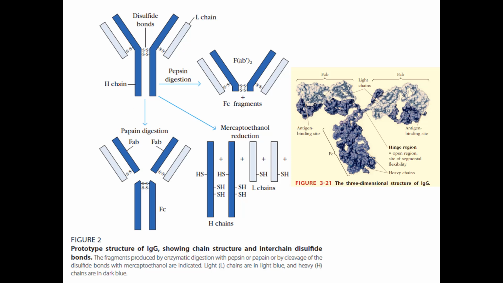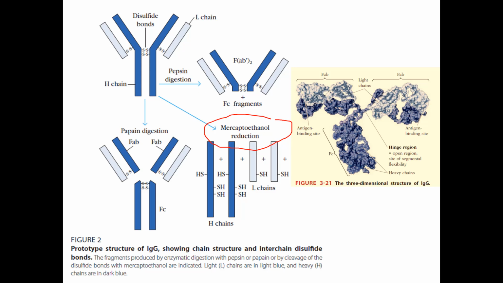Another important concept to know here is that this heavy chain and light chain can be digested in various ways. This heavy chain and light chain, as you know, are held together by the disulfide bonds. So, if we perform beta mercaptoethanol reduction on them, these disulfide bonds will get reduced, and we will get individual heavy chains and light chains.